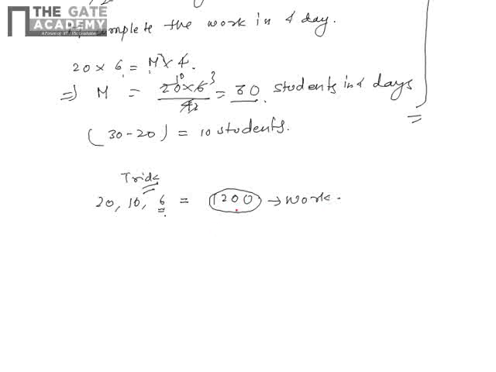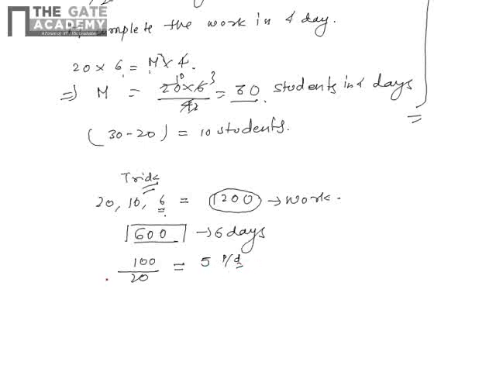Already 600 work has been completed, because 50% is completed. So we can calculate the efficiency. 600 work is done in 6 days, so 100 work is done in 1 day. So the efficiency will be 20 persons, and per person efficiency will be 5 work per day.